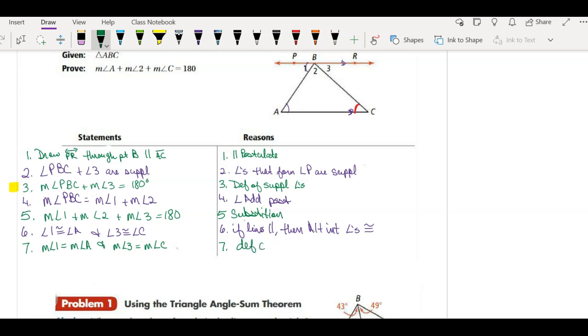Definition of congruence. Or if you wanted to write it out in words, congruent angles have equal measures.